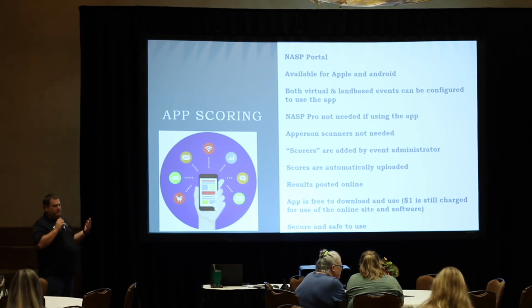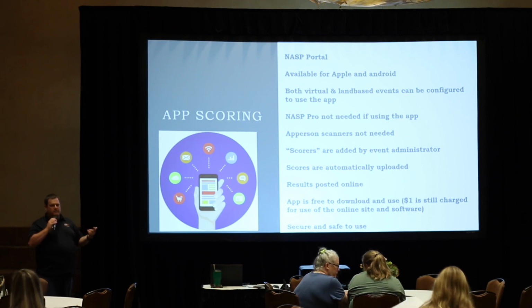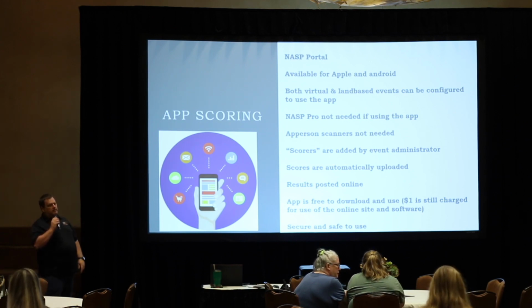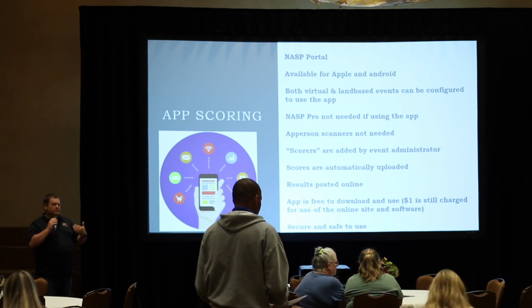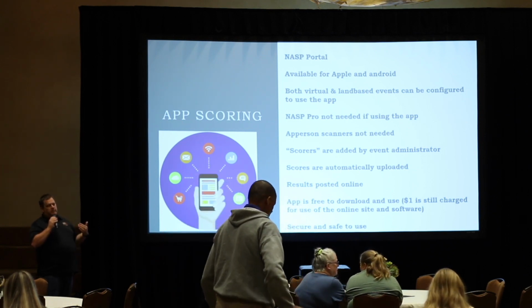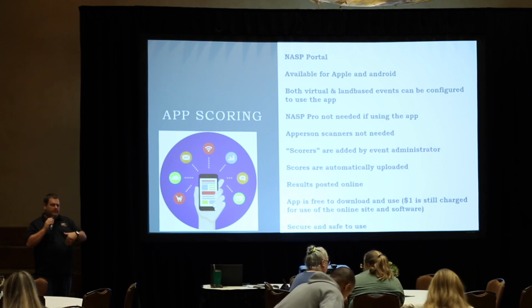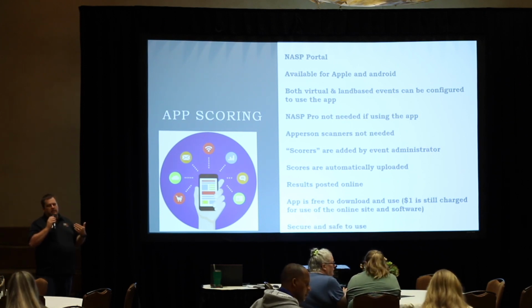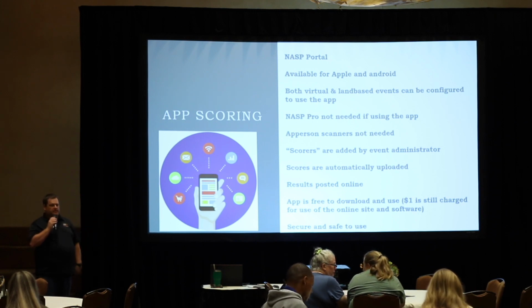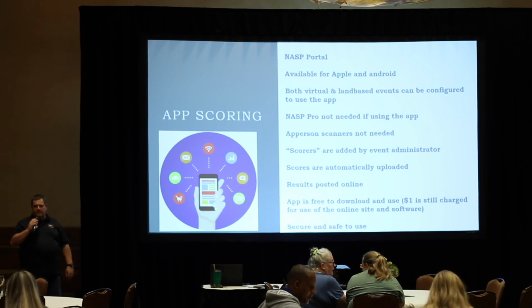Just go to your app store, search NAS or NAS portal, then you can download it. Since we're doing a session right after this one, those PIN codes will only work while we're in here. So if you want to try it, go ahead and download it now. You don't have to put all 6 ends in if you don't want to, but that'll give you a good idea of how it works.